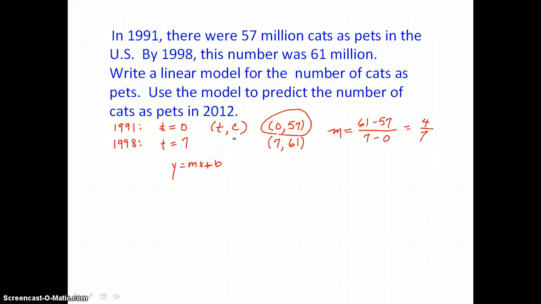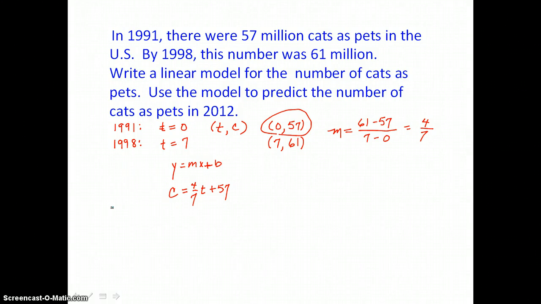Only instead of y, we're using c, the number of cats in millions, and we found a slope of 4/7. Instead of x, we're using t for time, and our y-intercept is 57. So this is the model that we can write for the number of cats as pets in the U.S. Now we want to use the model to predict the number of cats as pets in 2012.